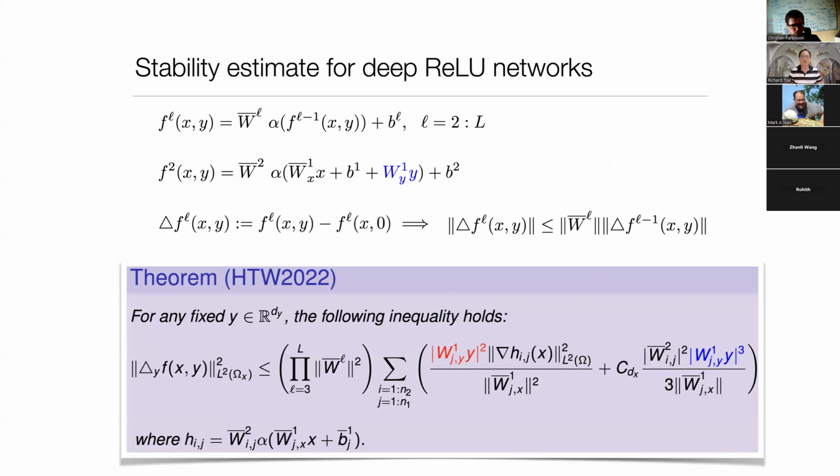Now we can do a more formal analysis. Assuming that we have a standard feed-forward deep neural network activated by ReLU, we can write our network recursively in the following form.